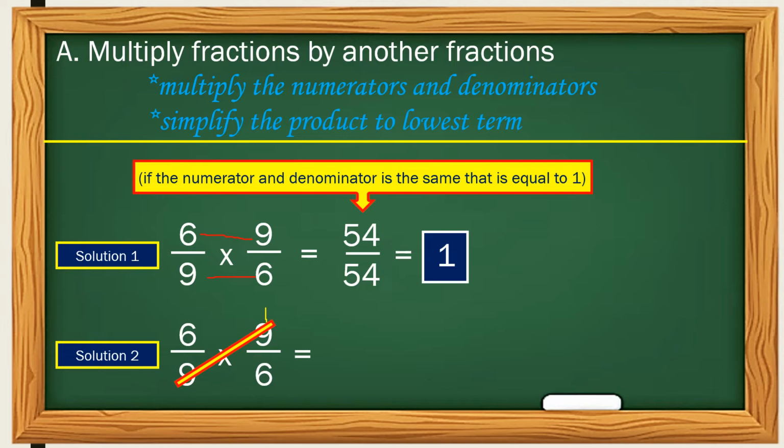So, 9 divided by 9 is equal to 1. So, next is, pareho din sila dun sa kabila, 6 and 6. So, that is also magiging 1. Ngayon, gagawin natin, i-multiply natin to. 1 times 1 is equal to 1. So, 1 is the final answer.